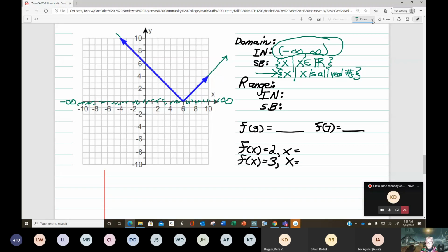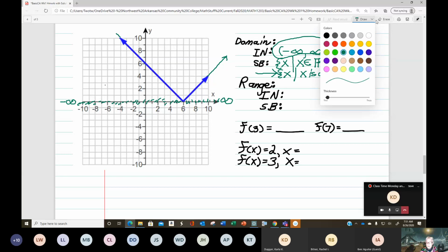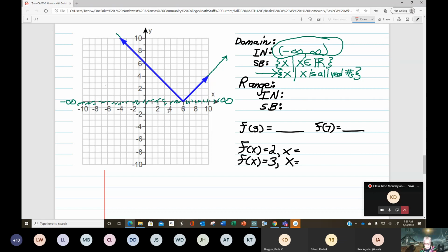Let me go to red. If we had a line, I'm going to erase this afterward.